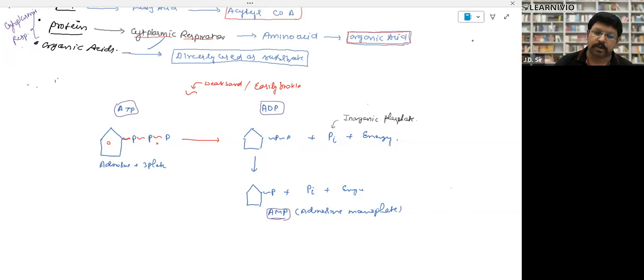Yes, sir. Okay. So please note down this diagram as well. Alia, clear? Yes, sir. Please note this down. What are ATP, ADP, and AMP?